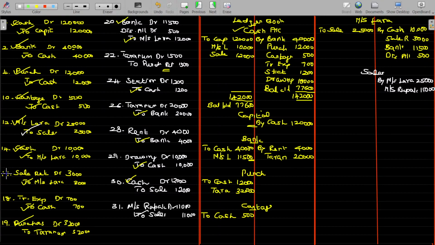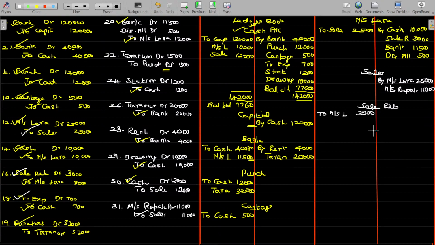Sales is over. Now on 16th we have sales return. So I am opening the sales return ledger account here. In the sales return ledger account, to Mrs. Lara, or simply L, 3,000 rupees.